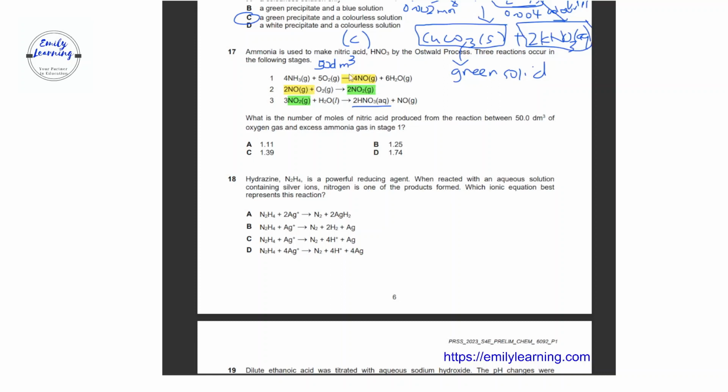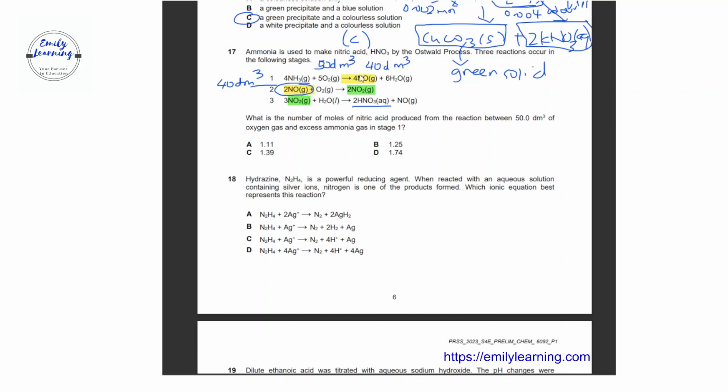So the volume of NO will be 40 dm³ here. Don't be confused by the mole ratio. The 4 and the 2 here have no significance to each other because they are different reactions. But we know that whatever is formed here is used for the next reaction.